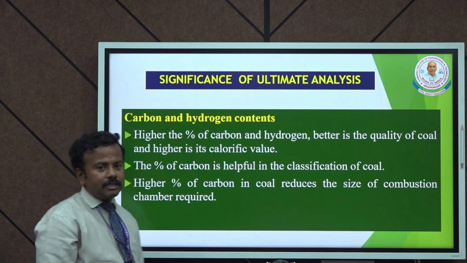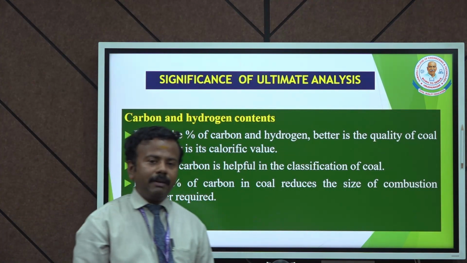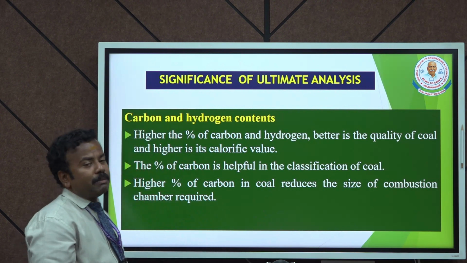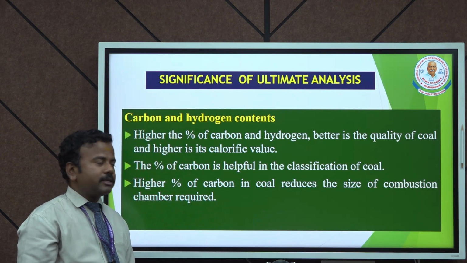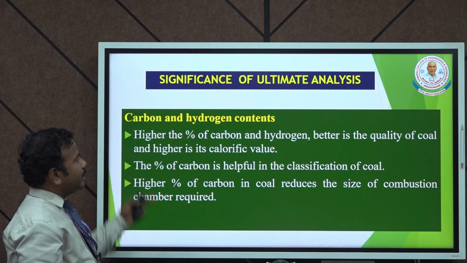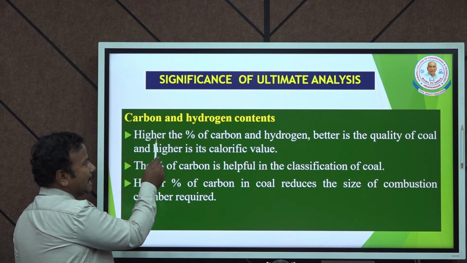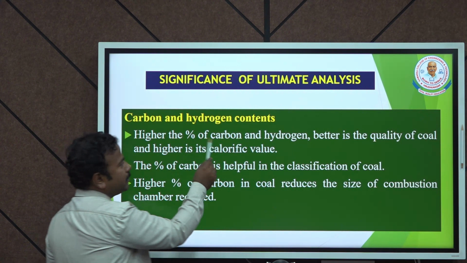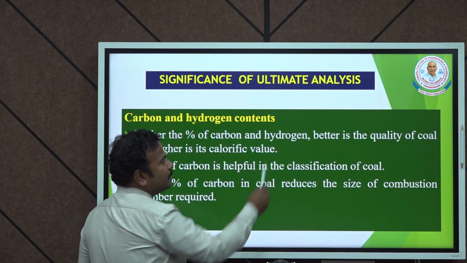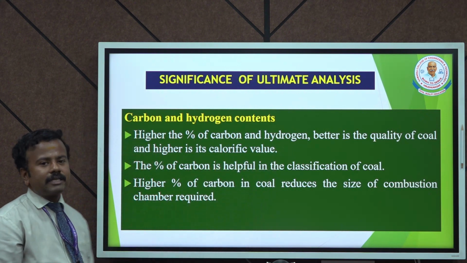So this is the significance of the ultimate analysis. See how important carbon, hydrogen and nitrogen are. The higher the percentage of carbon and hydrogen, the better the quality of coal and the higher its calorific value.